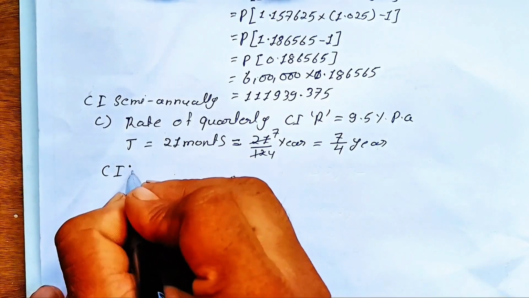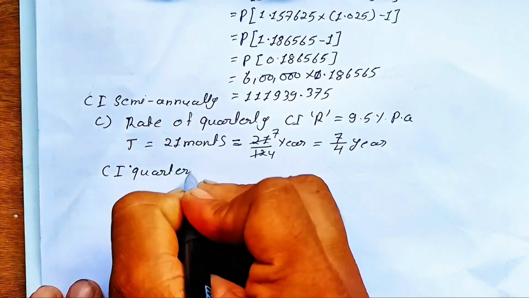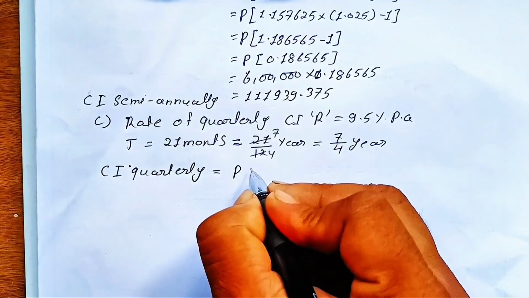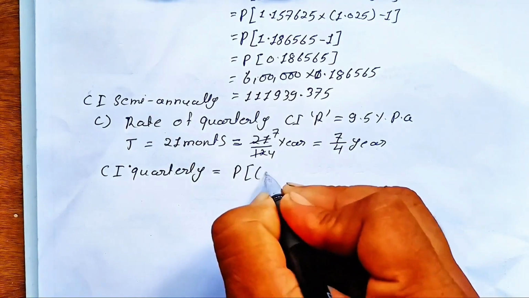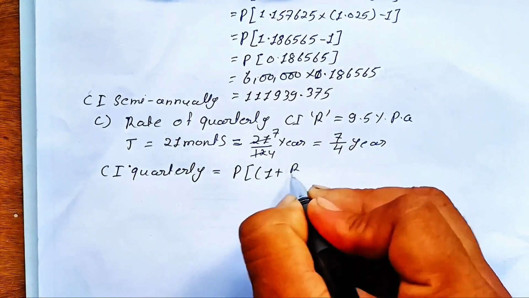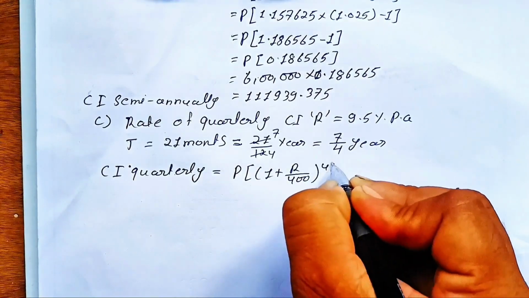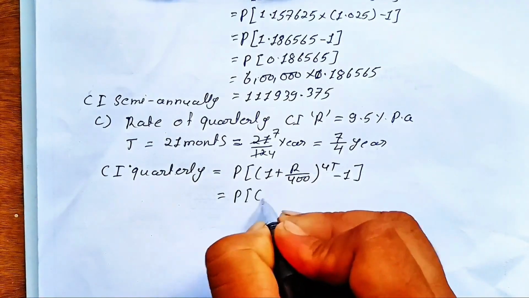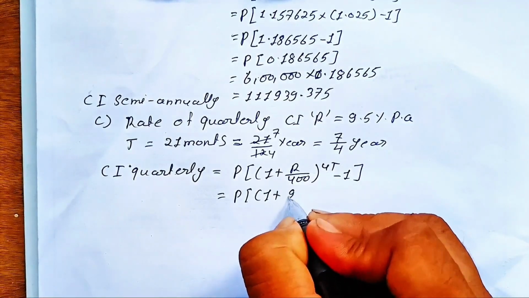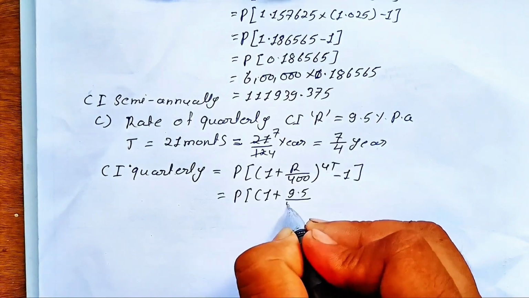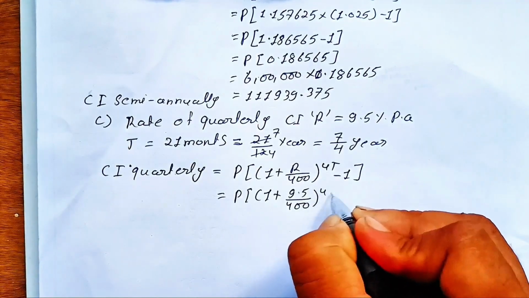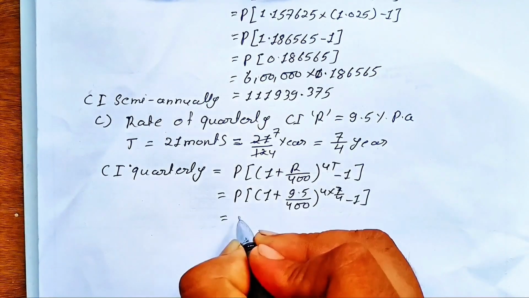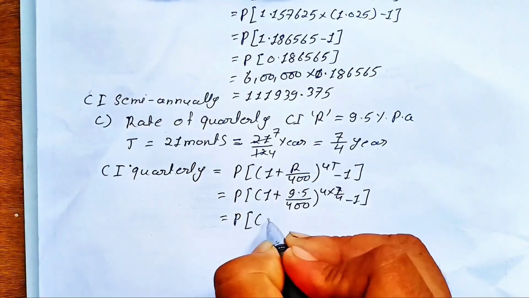CI quarterly, that is equal to P times (1 plus R by 4) power 4T minus 1, (1 plus 9.5 upon 400) to the power 4 into 7 by 4 minus 1.